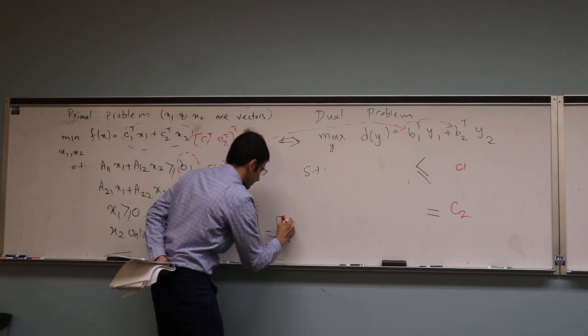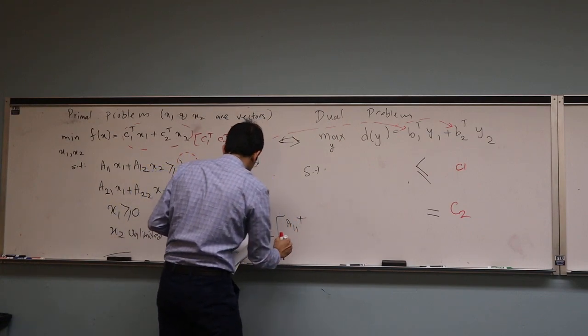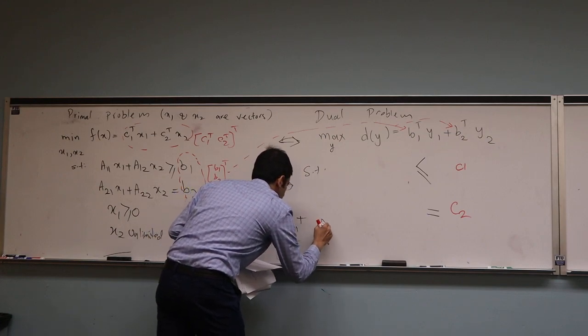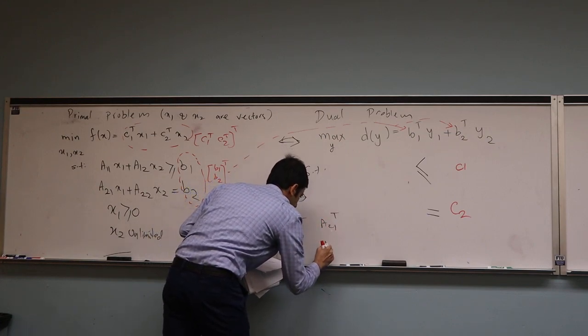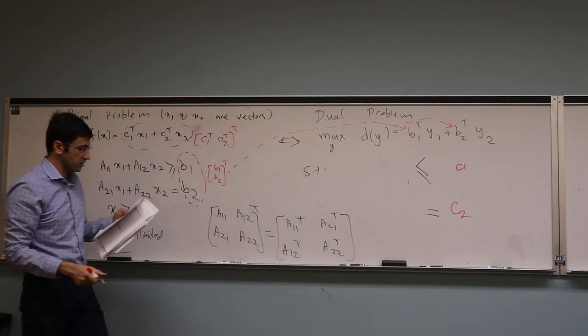So it will give me A11 transpose, A12 transpose, A21 transpose, and A22 transpose. These are the coefficients for this constraint.